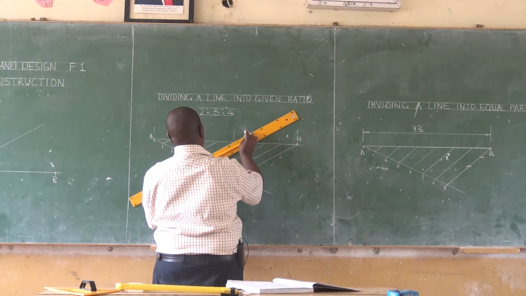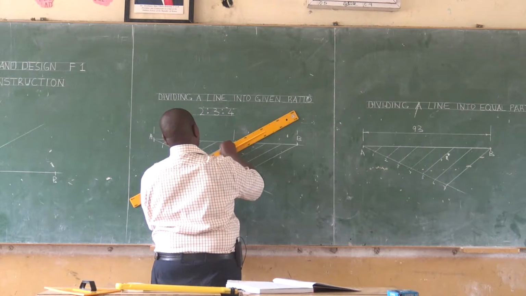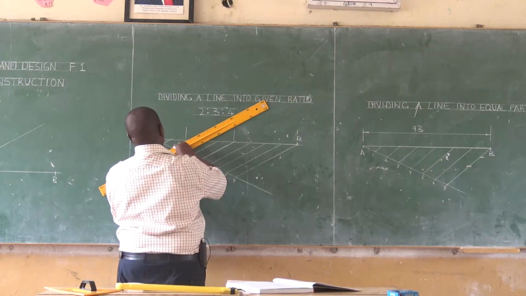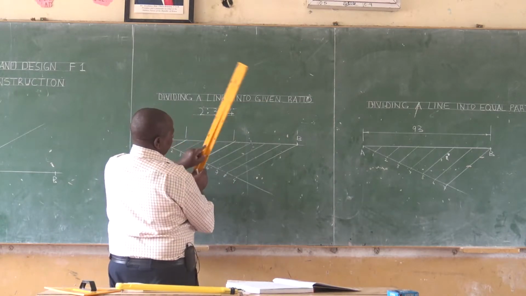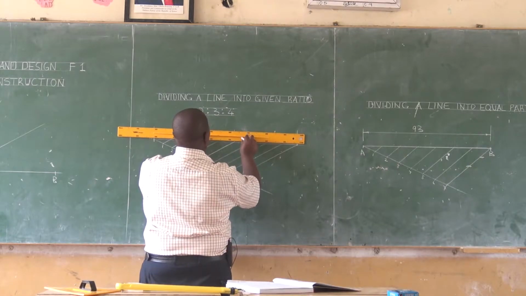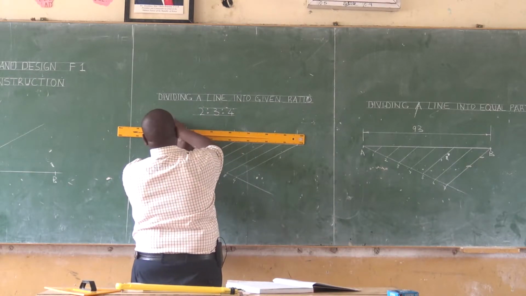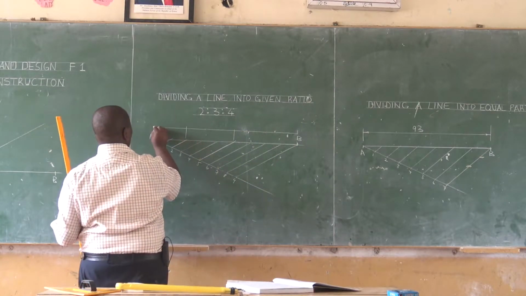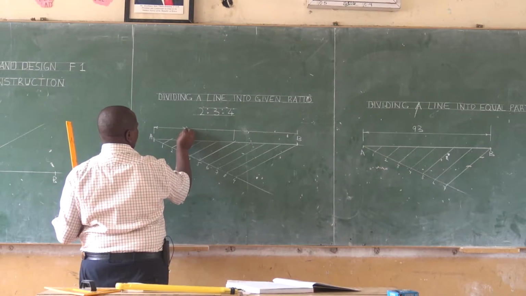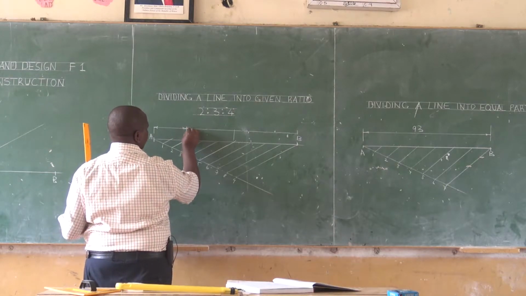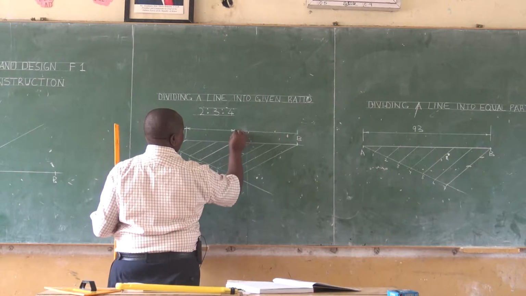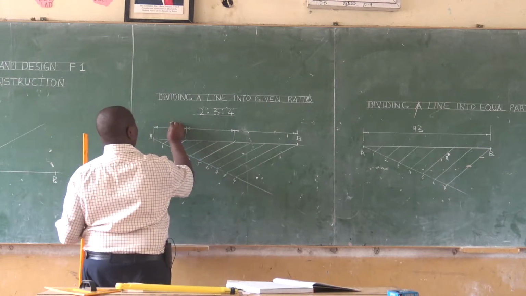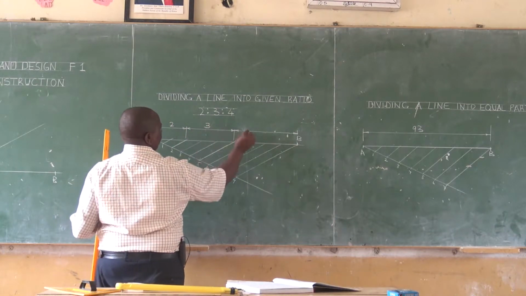It's good practice to just rightly outline the sections or the length at which your proportions are, so that this one is two, 3, and 4.